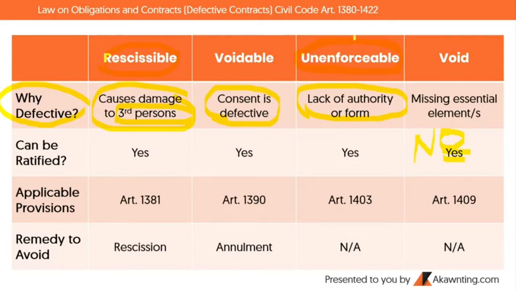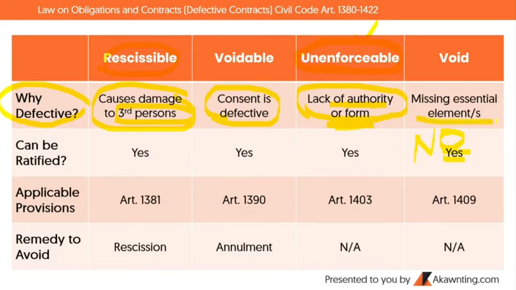Which is in this case unenforceable contracts, and lastly for convenience, okay? So, ito rin yun, okay? So, it may lack the authority, okay? There may be a lack of authority of one of the contracting parties, or it lacks form, okay? Required by, di ba, yung tamang form for its enforceability.